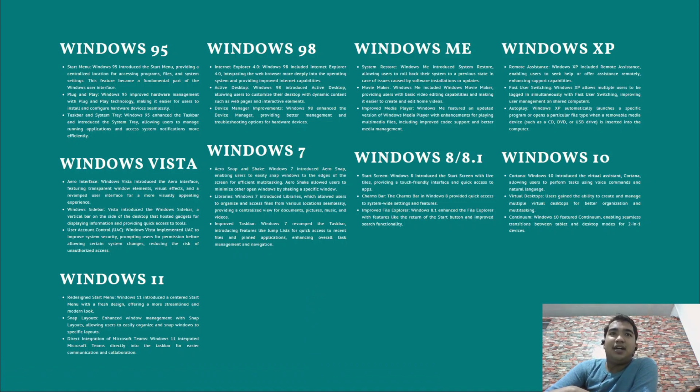And they also added libraries, which is the feature we see today in the file manager, and an improved taskbar. Windows 8 introduces the startup screen with live tiles, the square ones, so you can access apps quickly. It also added the charms bar, which provides quick access to system-wide settings and features. It also improved the file explorer.